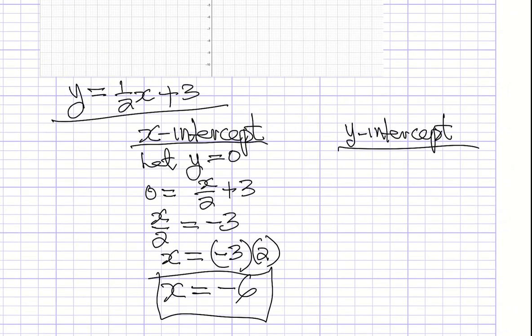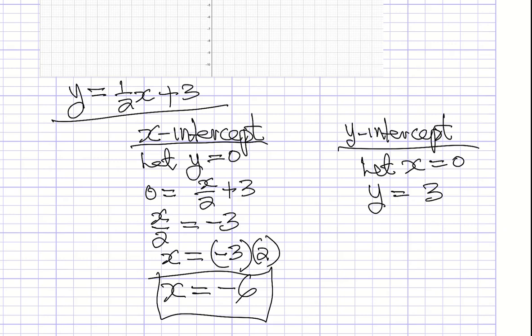So you do the same thing for the y-intercept. You equate x equals 0. You say let x equals 0, right? And then you put that in the given equation. You have y equals 3, right?